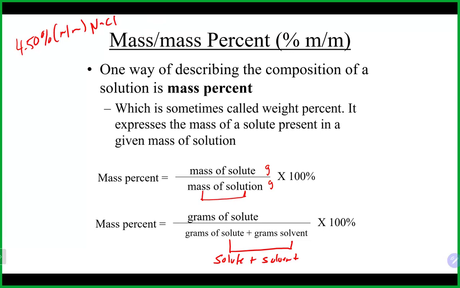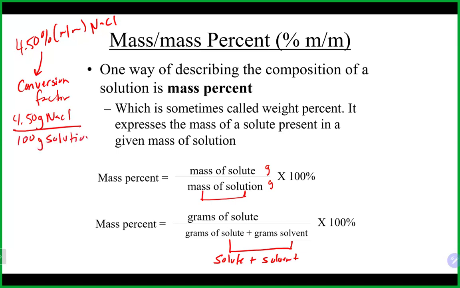So if we wanted to turn this into a conversion factor to use in a dimensional analysis type of calculation, that would mean you would have 4.50 grams of sodium chloride in 100 grams of solution. And like any other conversion factor, you could flip it around: in 100 grams of solution, you would have 4.5 grams of sodium chloride.